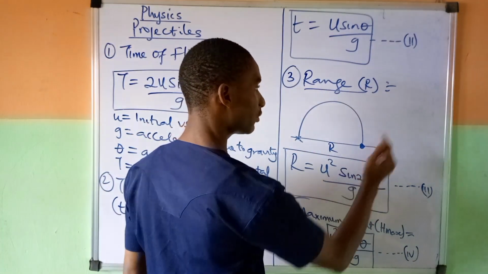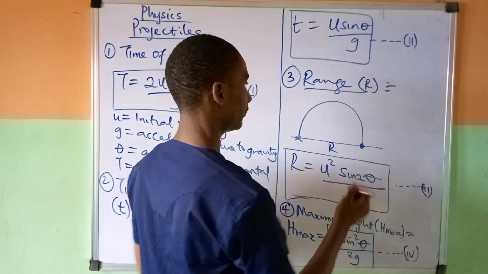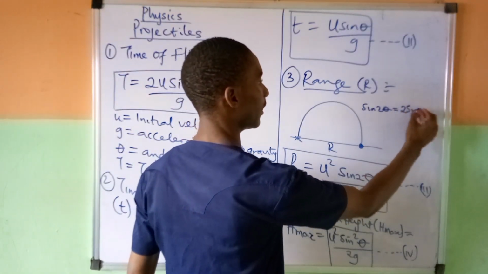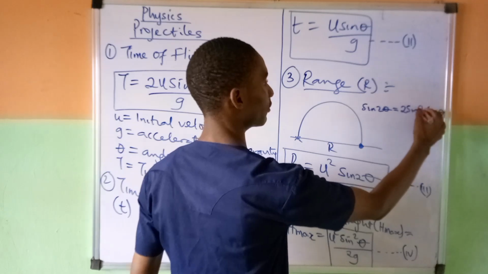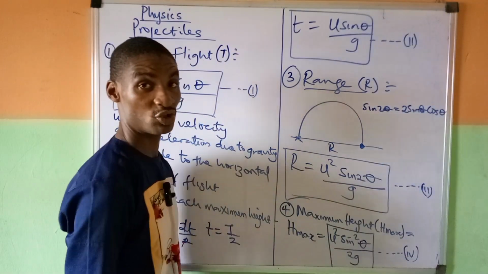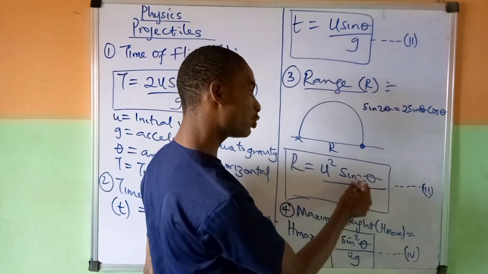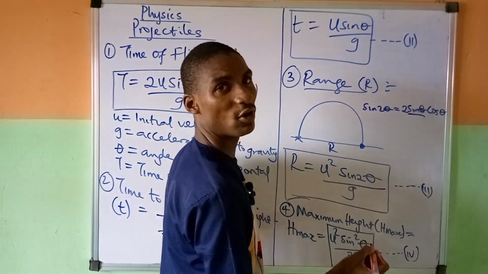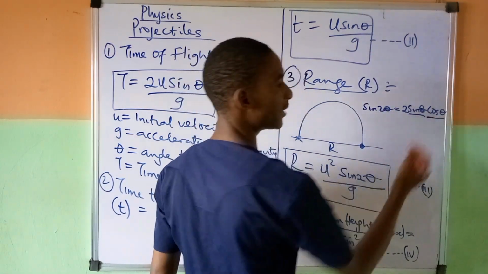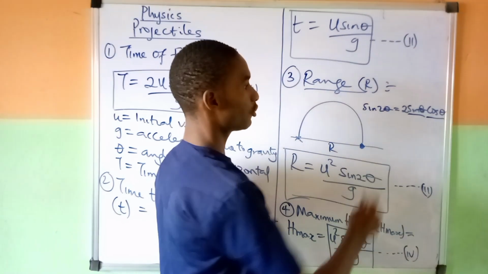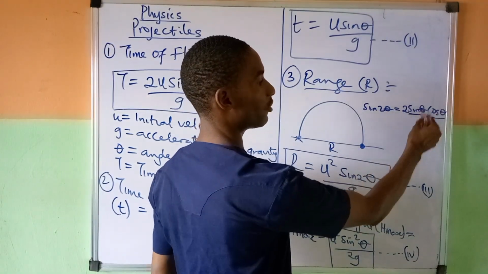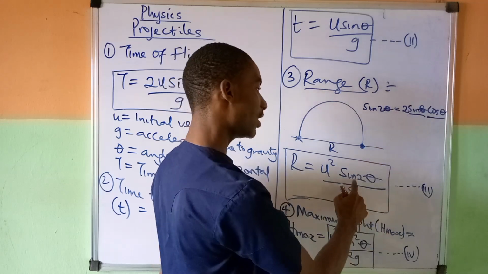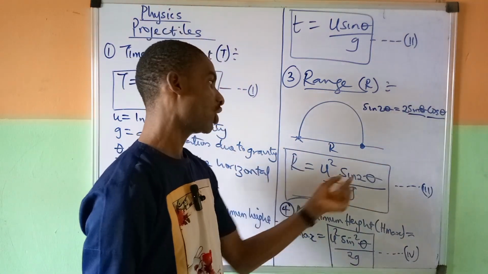Mathematically, sine 2 theta is the same thing as 2 sine theta cos theta. If you check your calculator, you confirm that in trigonometry. So this sine 2 theta is representing 2 sine theta cos theta. This sine theta is the vertical component multiplied by cos theta, the horizontal component. So when you multiply 2 sine theta cos theta, you can represent it as sine 2 theta. So that is how you know that for range, you have sine 2 theta.